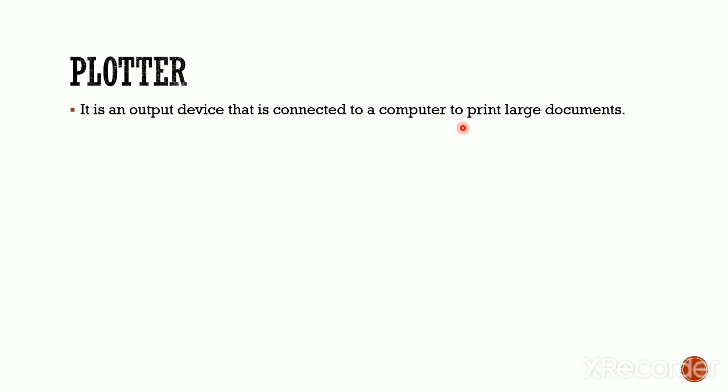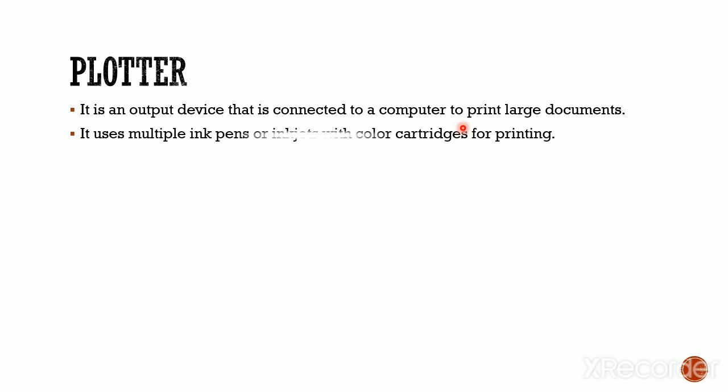But a plotter is used to print very big documents like banners and posters. It uses multiple ink pens or inkjets with colored cartridges. It uses many pens or many inkjets for printing.